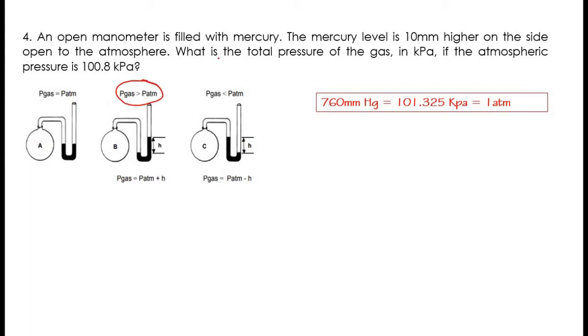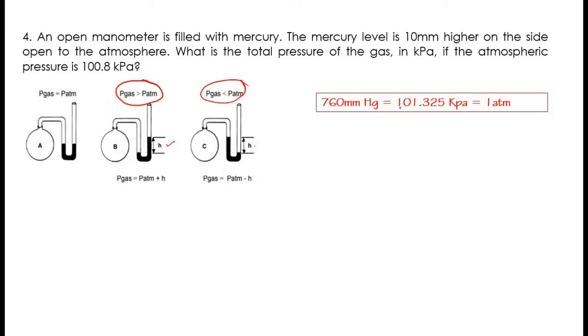So the question now is, what is the total pressure of the gas in kPa if atmospheric pressure is 100.8 kilopascal? In this case, the pressure of the gas is simply the atmospheric pressure plus the height. And note also that we have here a conversion. 760 millimeter of mercury is equal to 101.325 kPa.